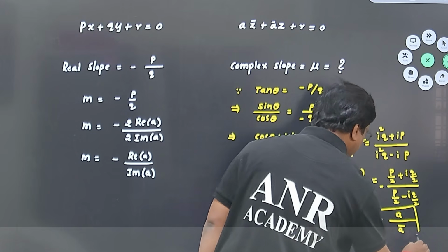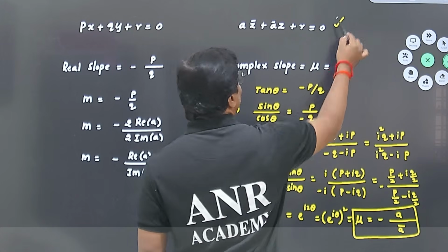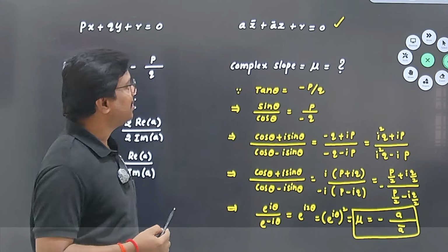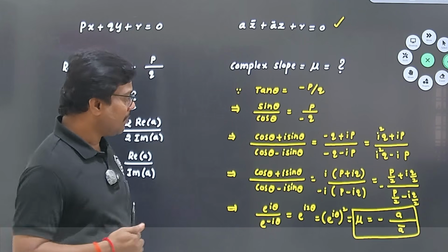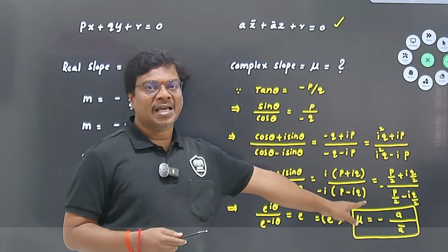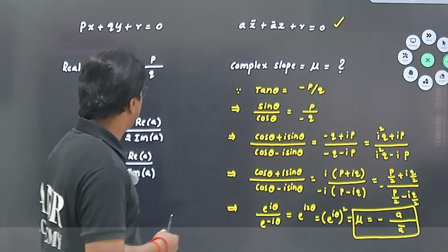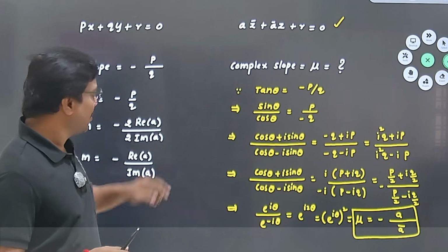This is complex slope of given line a into z conjugate plus a conjugate into z plus r equal to 0. Complex slope mu equal to minus a divided by a conjugate.